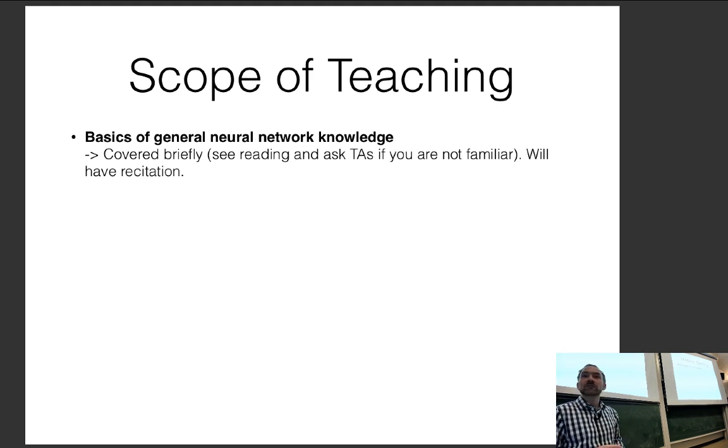If you haven't taken a class on neural networks or haven't built neural networks before, I'd highly recommend that at the very beginning of the class you read through the reading. It's a lot of content, but it's good and will get you up to pace. And also try out the code examples, download them, run them, etc. And I think this will help get you at least the basics that you need.